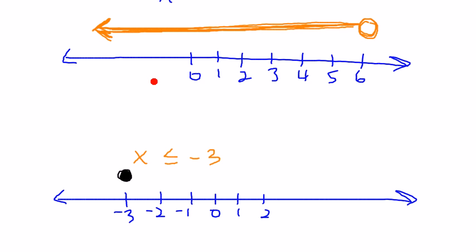In this case, -3 can be part of the solution, right? Because this is telling me that x can be -3 or smaller. So we're interested in -3 and the numbers that are smaller than -3, to the left of -3 on the number line. Okay, and that's all there is to graphing inequalities.